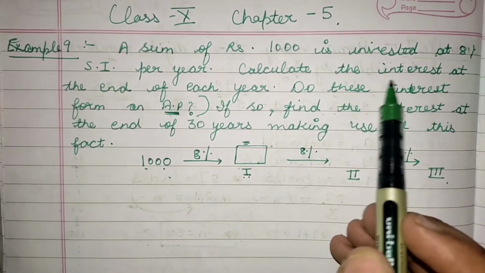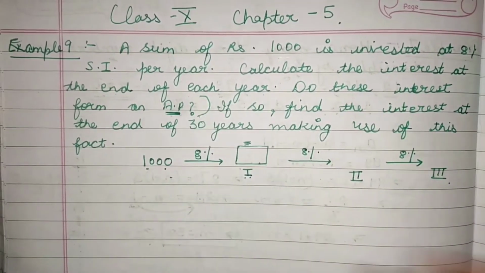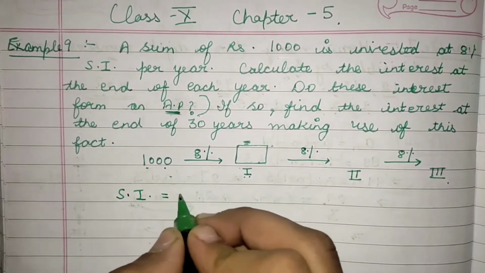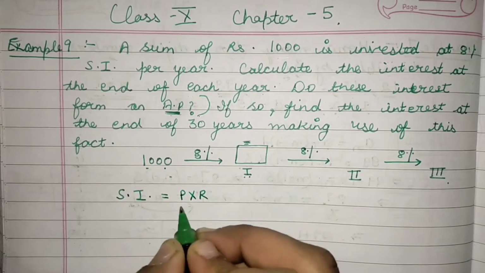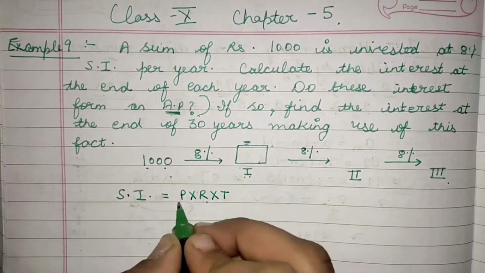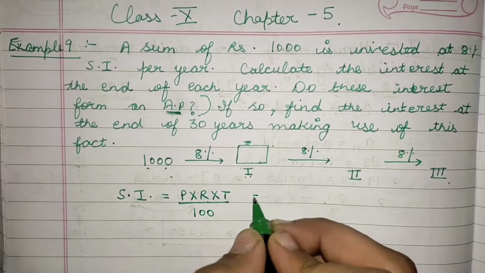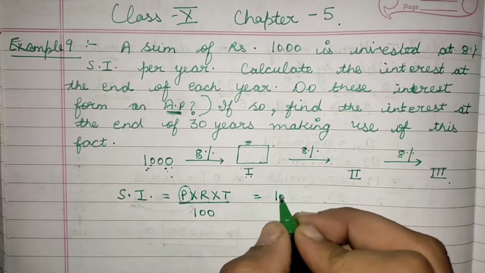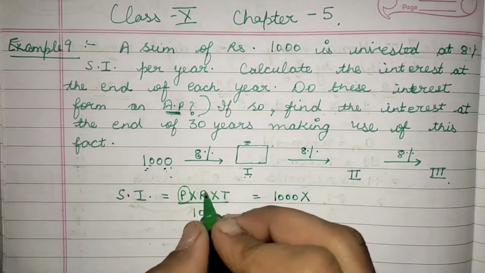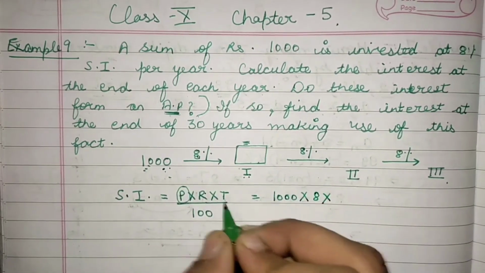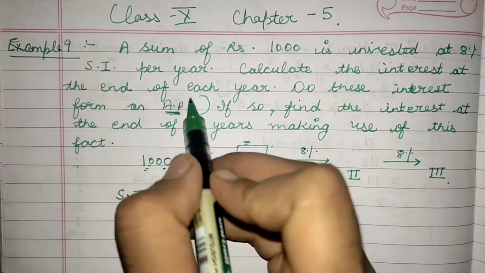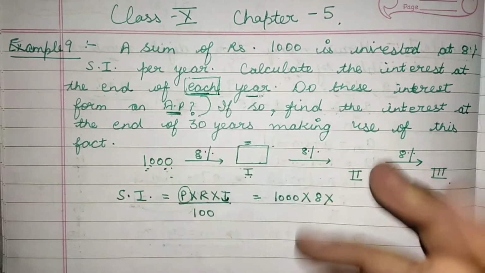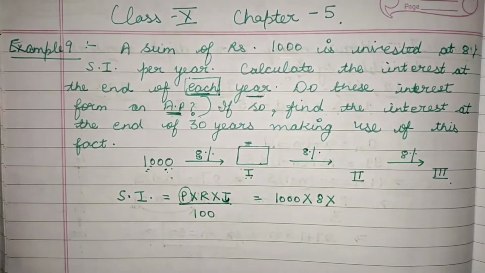So let's first solve till this part of the question. What is the question asking from us? Calculate the interest at the end of each year. How to find the interest? You know the formula to find simple interest is PRT by 100. P is the principal, meaning how much amount is invested in the starting, which is 1000, into rate of interest, which is 8, and time will be 1, because they are asking at the end of each year, after every 1 year.